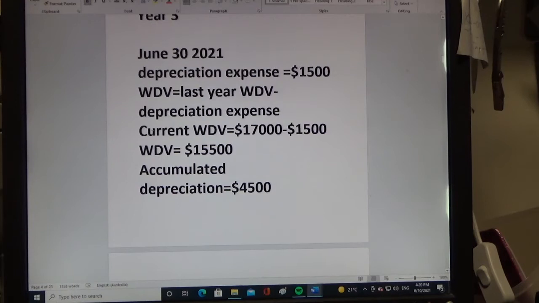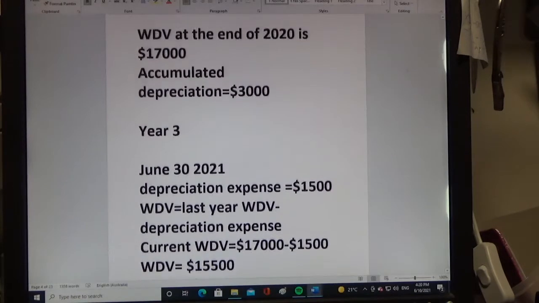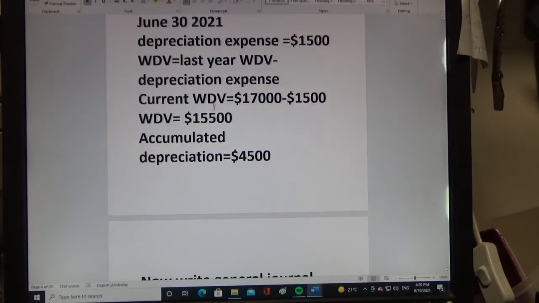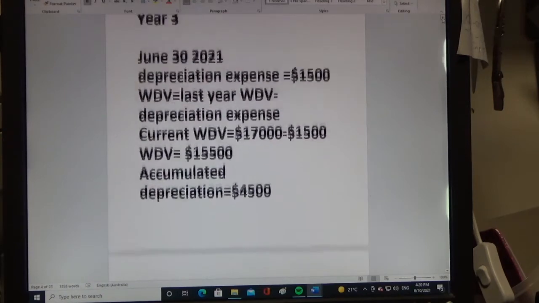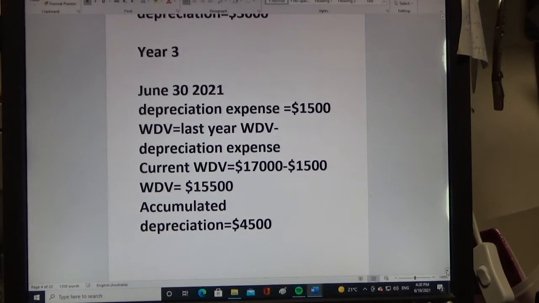So now the current written down value, remember that last year's written down value was 17,000. So we put that in the formula, and current written down value equals 17,000 minus 1,500, which gives us written down value in year 3 of 15,500. Just double check. Yep.